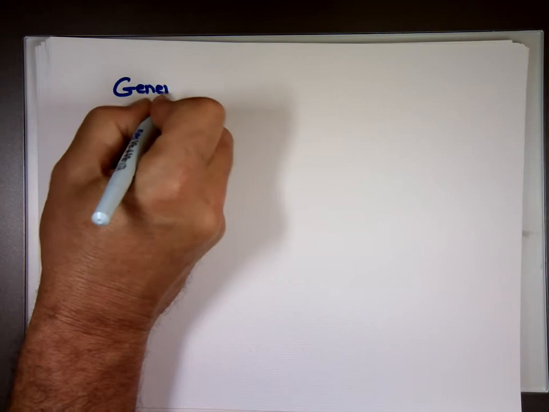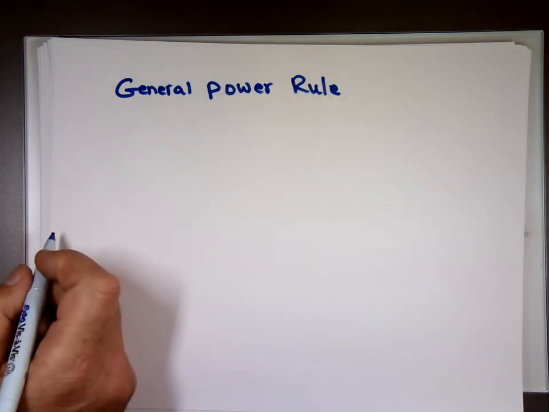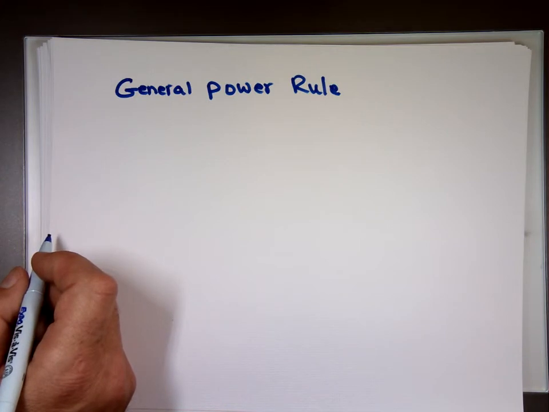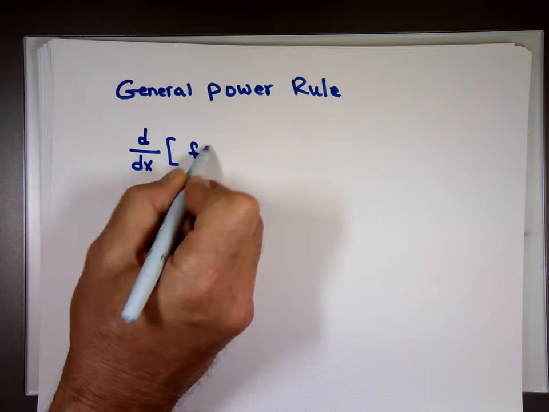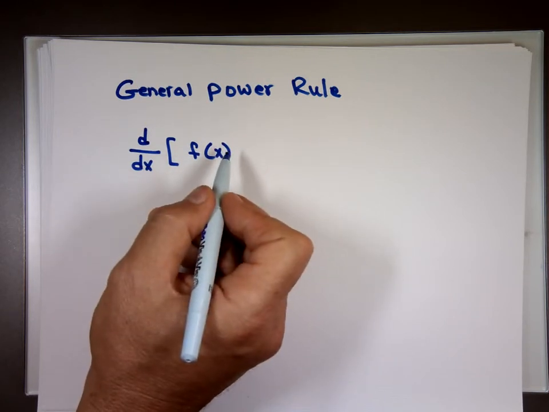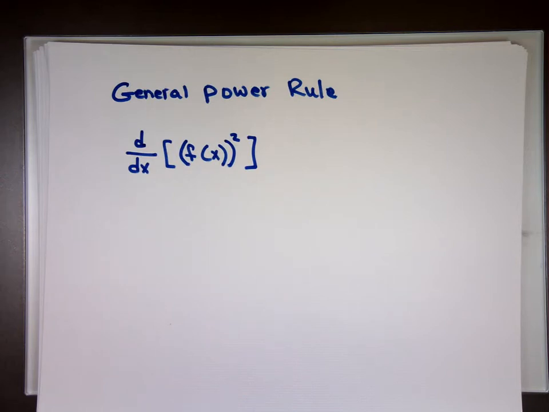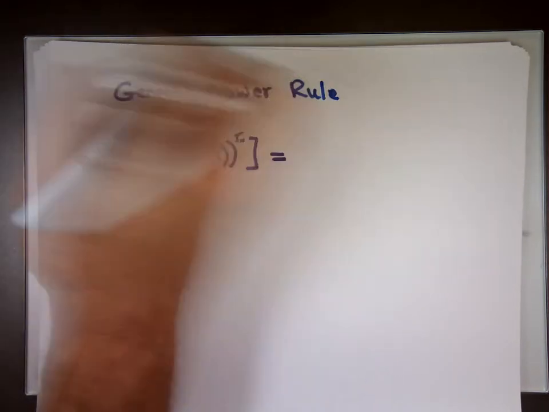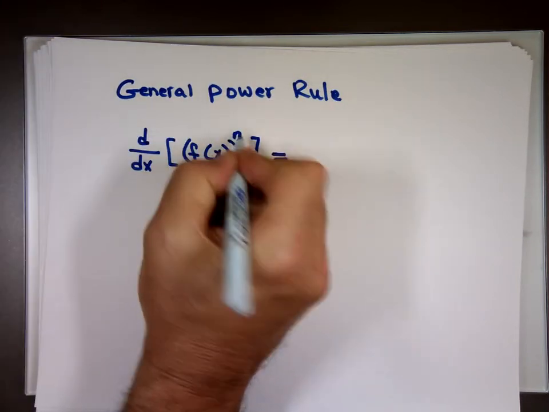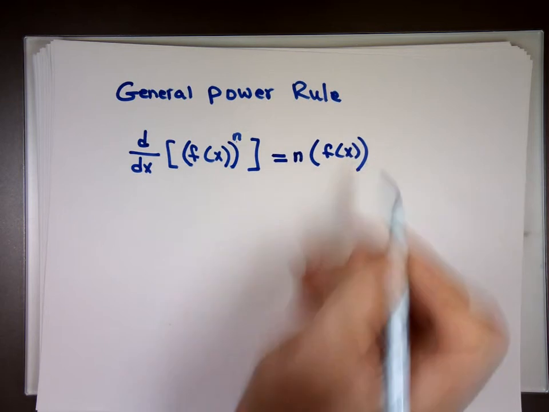So the general power rule says if you have a function raised to a power, the derivative of some function f of x raised to a power n, not 2, any power, is you take that power to the front times the function raised to what power? n minus 1.